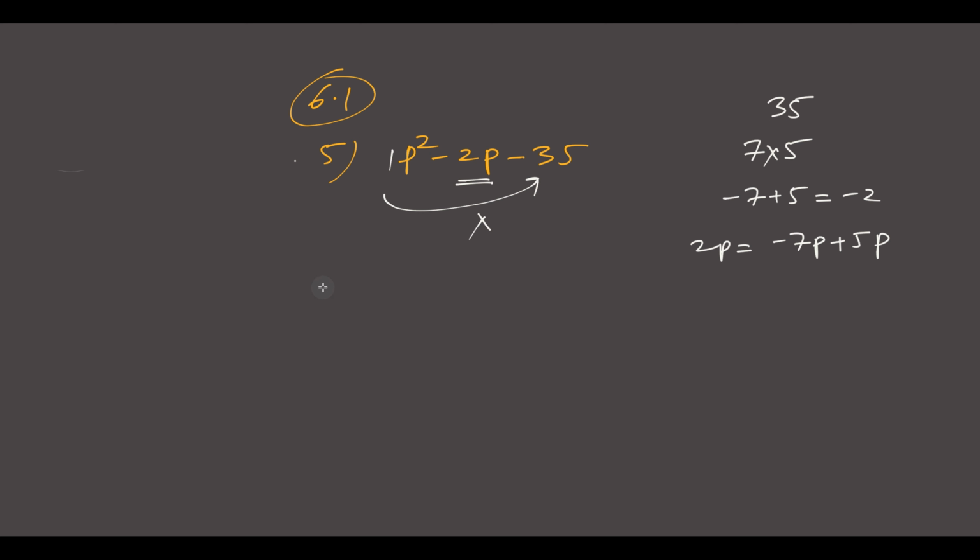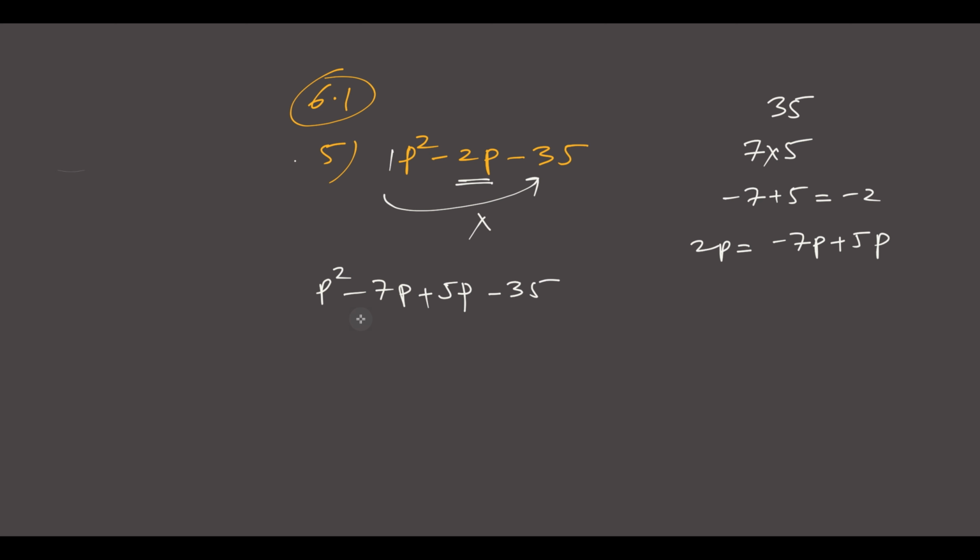Now take the question p square minus 2p. Instead of minus 2p I'm going to write minus 7p plus 5p minus 35. So minus 7p plus 5p is going to be minus 2p. That's how we are replacing the middle number.